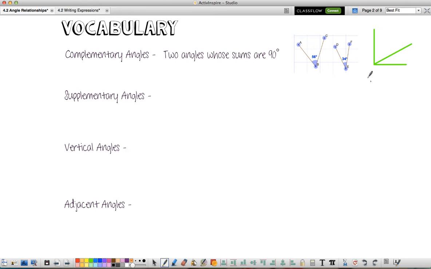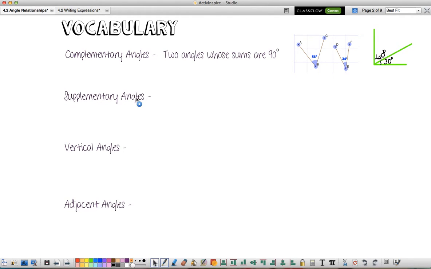And then we can put in here that this is 30 degrees, and then this would be 60 degrees. Now, sometimes they might not show you the degree measures, but if you see this square here, even though this line is through it, these would still be complementary because this big angle here is still a right angle. Remember now, there are three angles here. There's the 30-degree angle, the 60-degree angle, and the 90-degree angle.